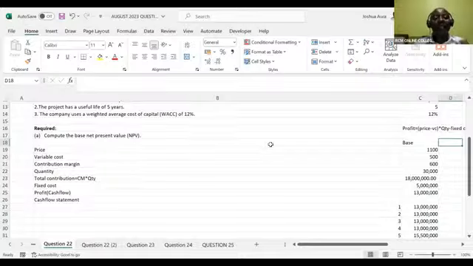So we are doing a sensitivity analysis of 5%. And remember, in sensitivity analysis, we are looking at adverse variation. So for price, if we are affected adversely, what does it mean?